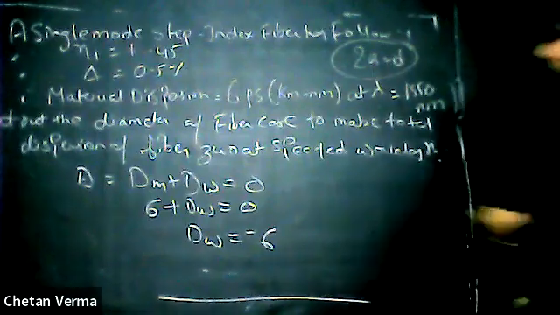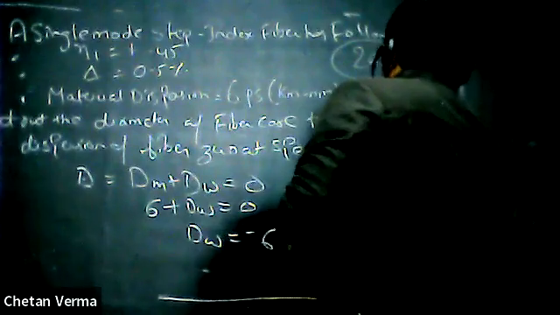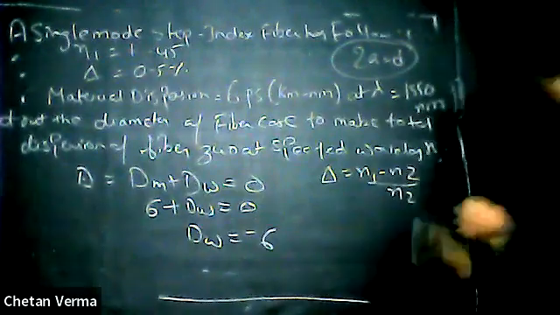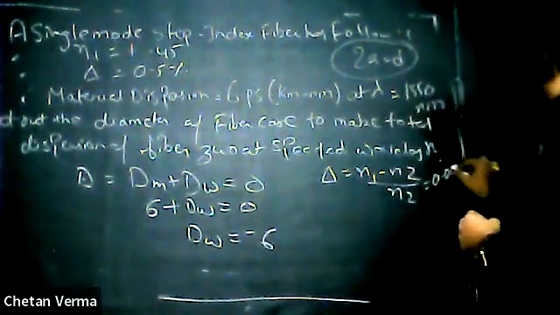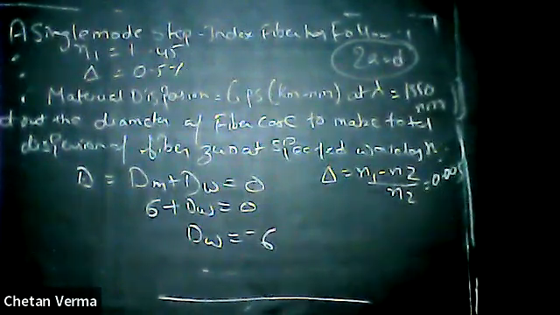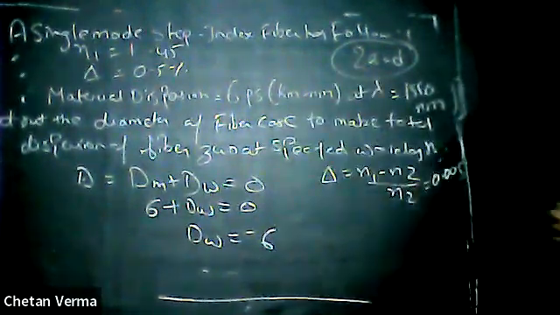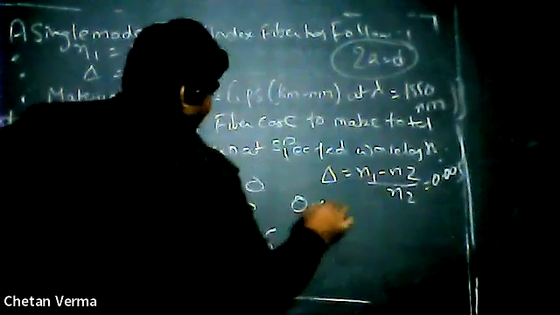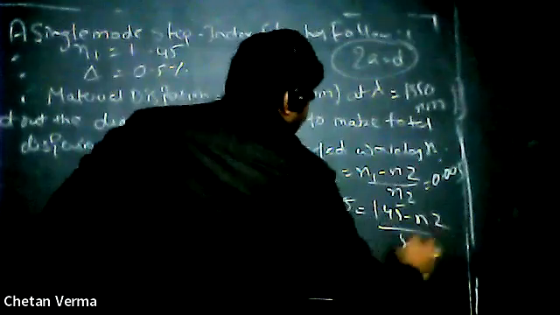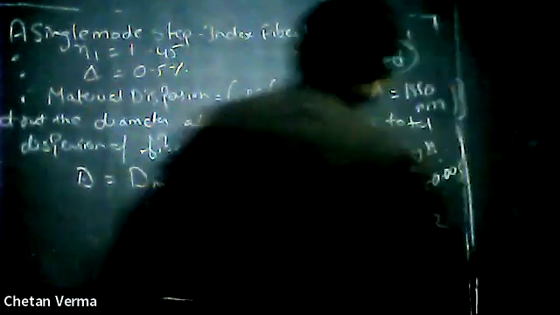Now your relative refractive index difference is given: delta is equal to (n1 minus n2) divided by n2, given as 0.5%, which means it is equal to 0.005. According to this, n1 is given as 1.45, so 0.005 is equal to (1.45 minus n2) divided by n2, and the final n2 is 1.44.